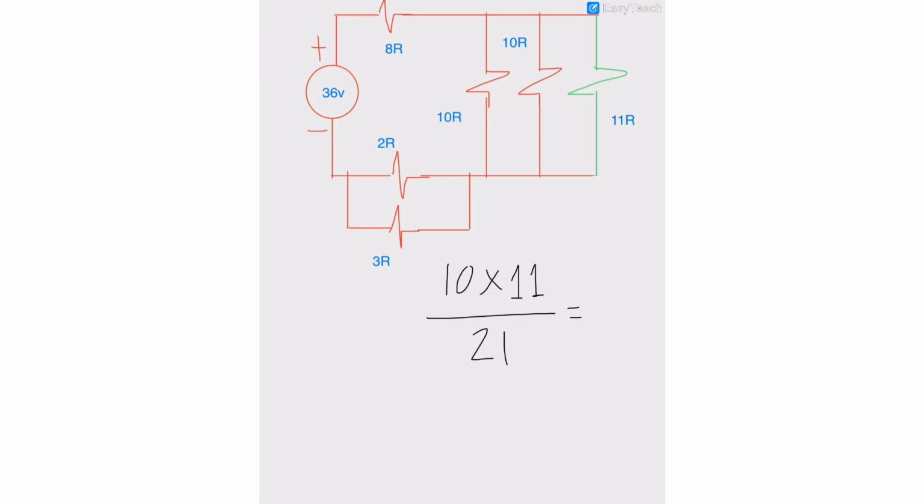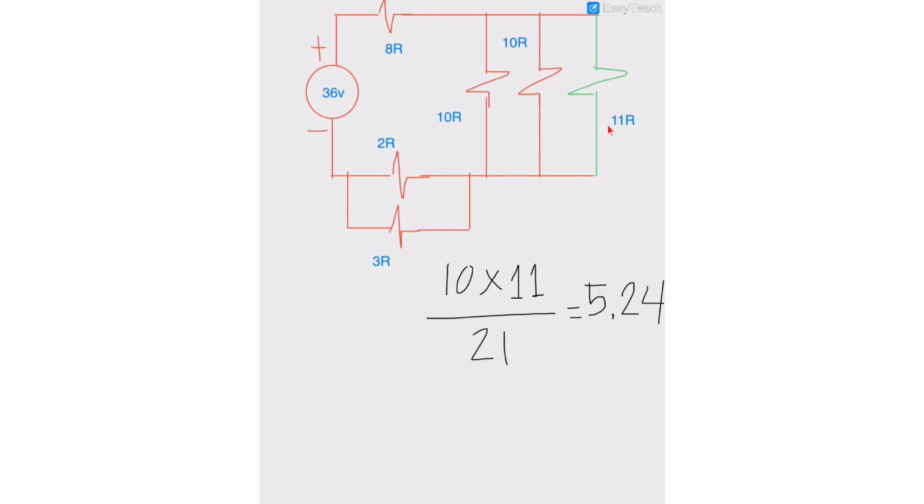The answer is 5.24 ohms. So we can replace this section by a resistor that has a value of 5.24 ohms.